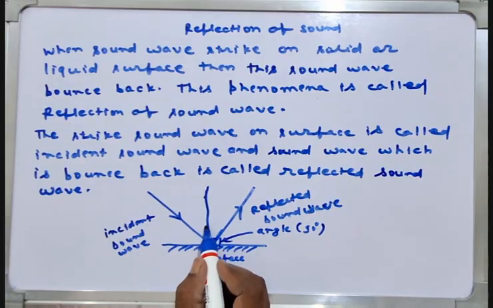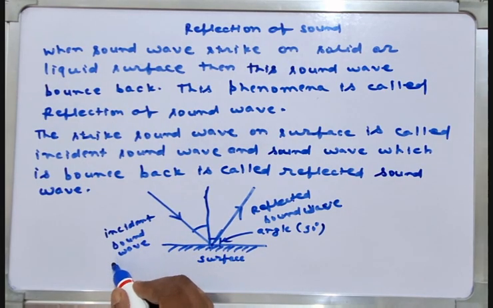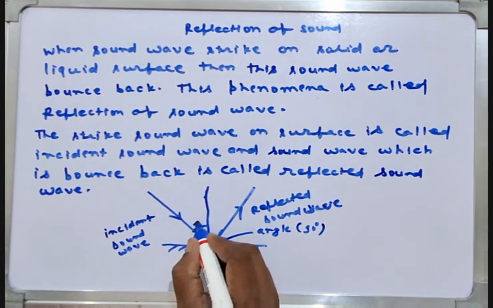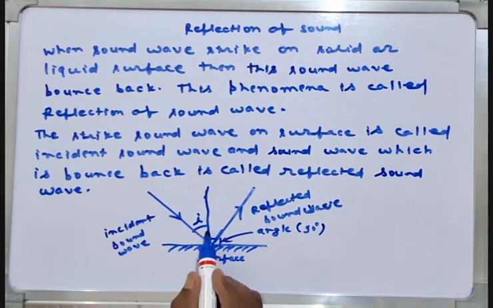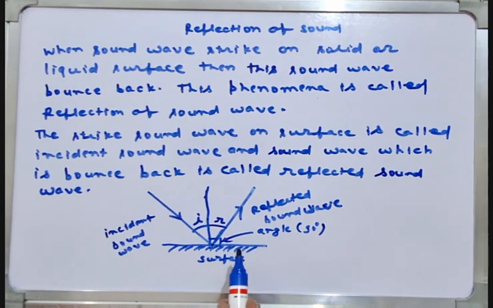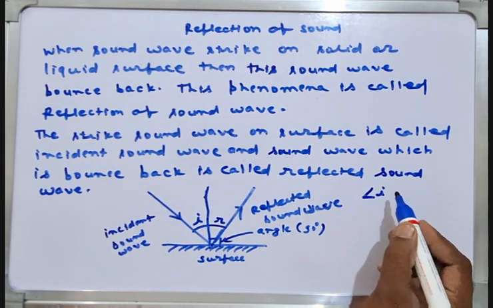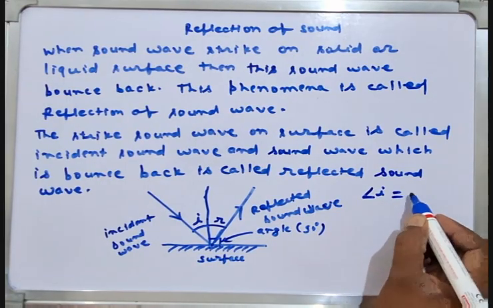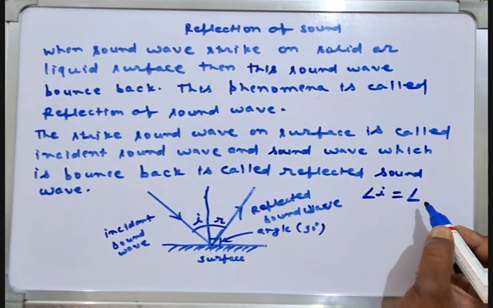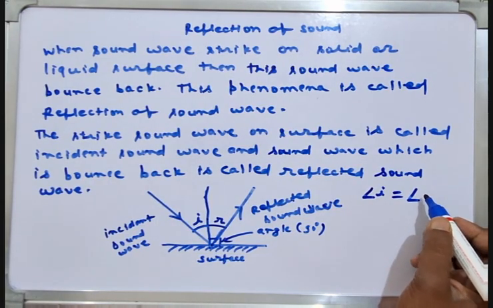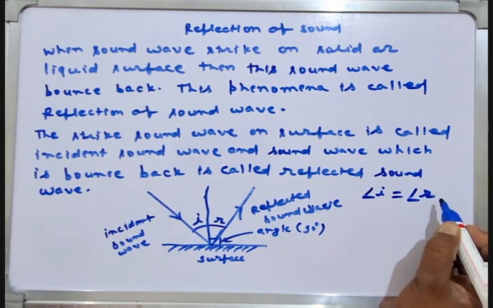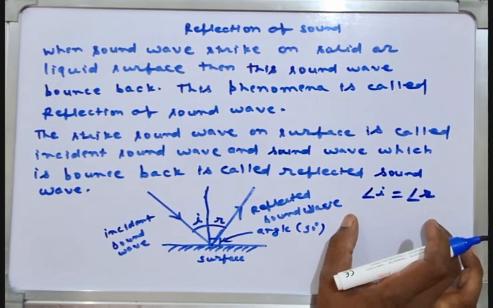Okay guys, the angle between the normal and the incident sound wave is I, and the angle between this normal and the reflected sound wave is R. Then the angle of incidence with the normal, I, equals the angle of reflection of sound wave with the normal, R. Both the angles must be the same.